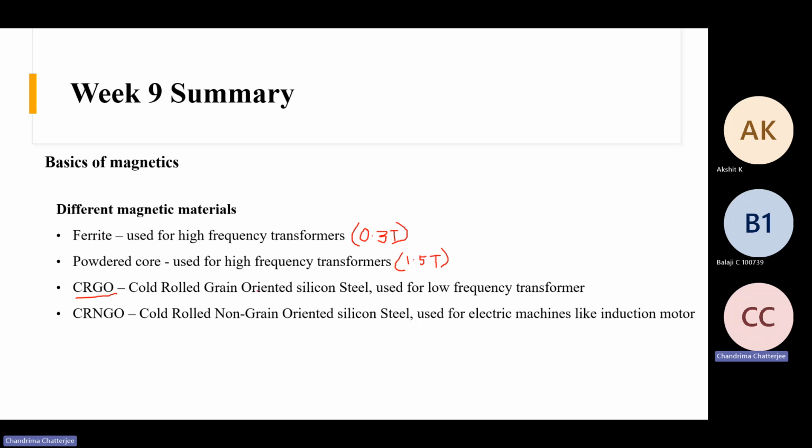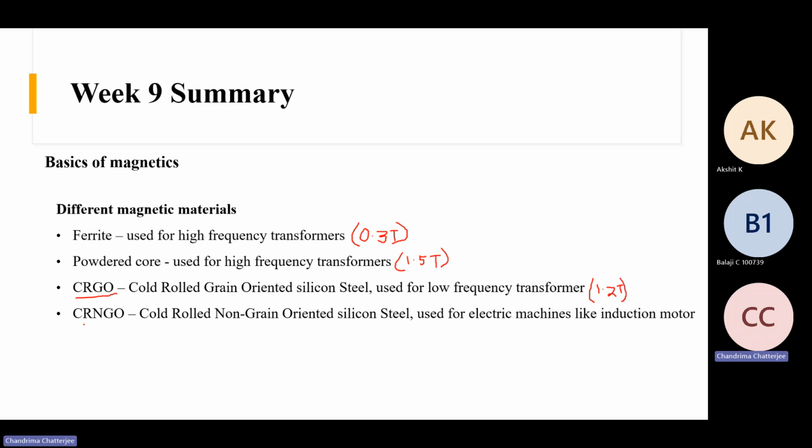There this CRGO is used, and there you will see laminations to reduce the eddy current loss, instead of continuous sheets. They have some 1.2 Tesla Bmax. So they are mainly used for low frequency transformers, CRGO.